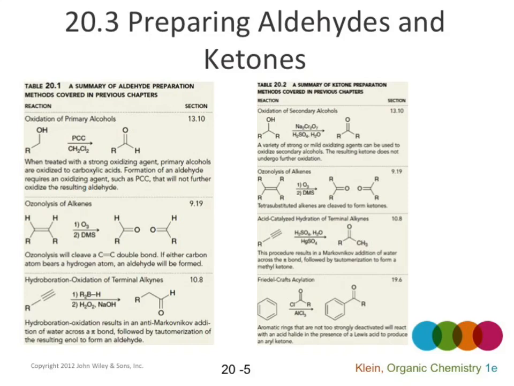One of the bigger ones that you guys missed, two big ones, would be your mercuration and your boration reaction. So your mercuration and your boration, those can get you carbonyls. But wait, you might be thinking, mercuration and boration put on oxygens. They replaced a pi bond and put on an OH.